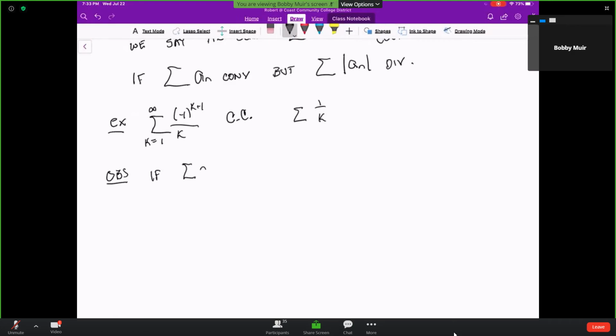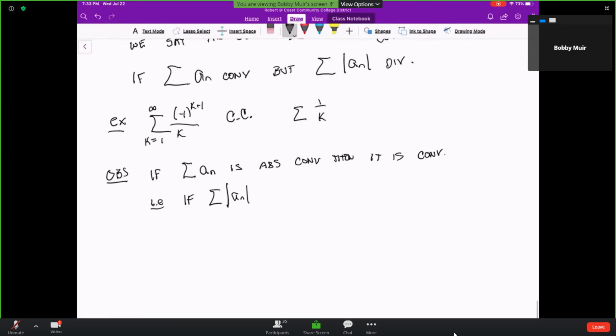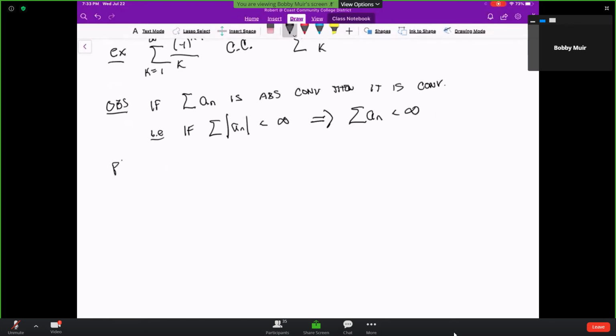If this thing is absolutely convergent, then it is convergent, i.e., if the sum of this thing is converging, that implies that the sum of these guys is going to converge.